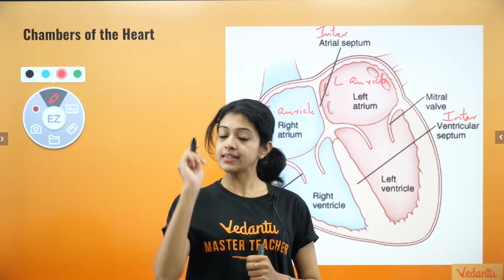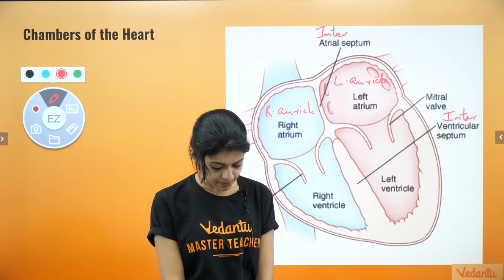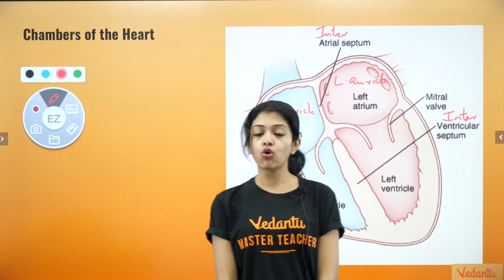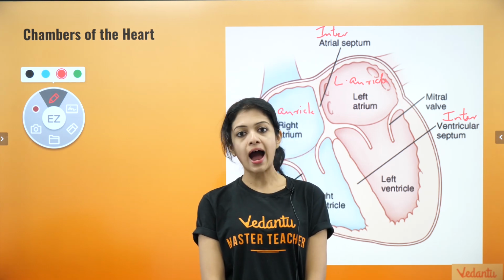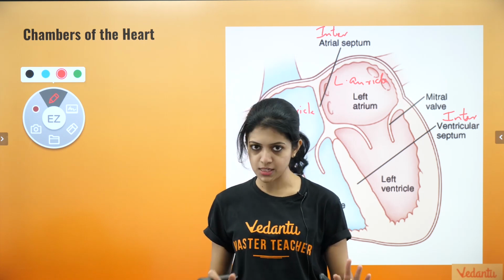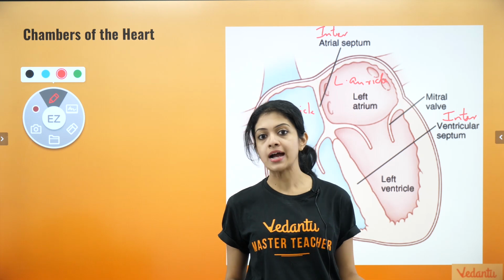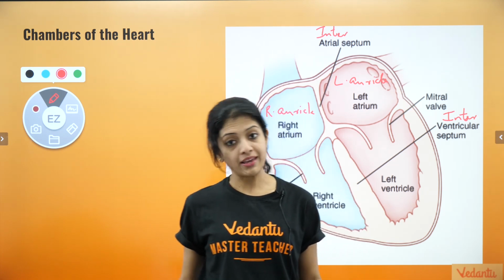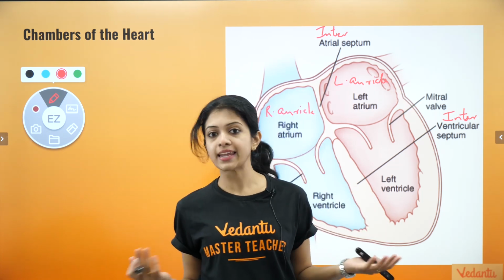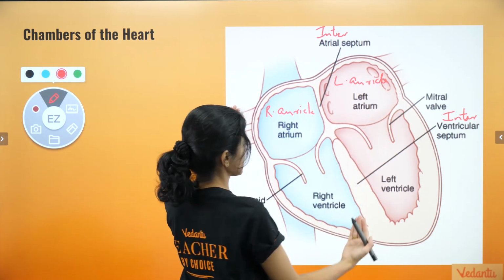Understand this very clearly. Now, one more very basic thing children generally go wrong with when they draw the structure of the heart or write answers related to the heart. I'm telling you this from my own experience. My teachers who taught me the structure of the heart never told me, or even myself as a child, I never thought why we are marking this as left and this as right.